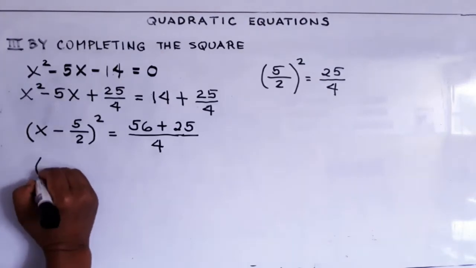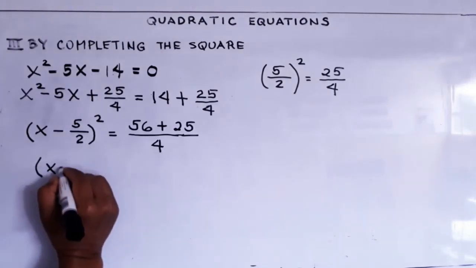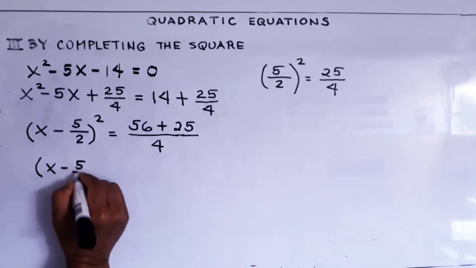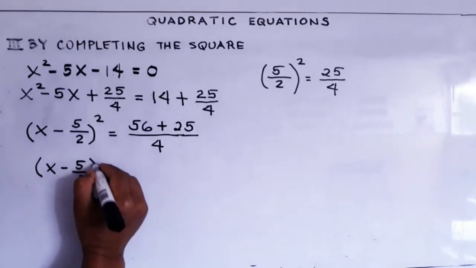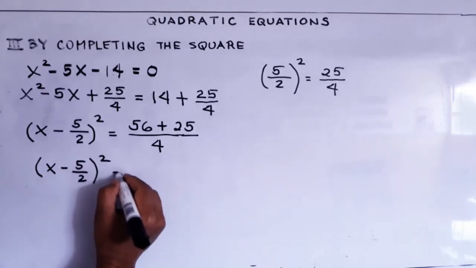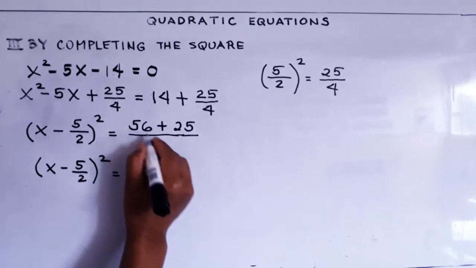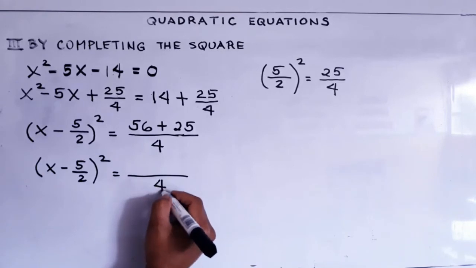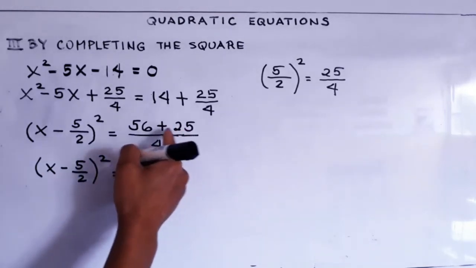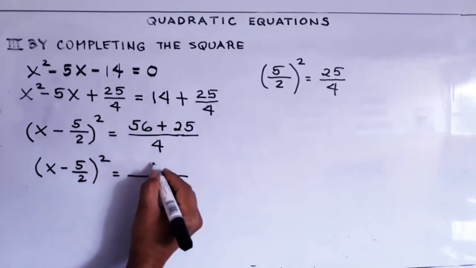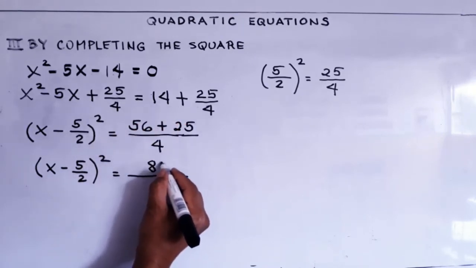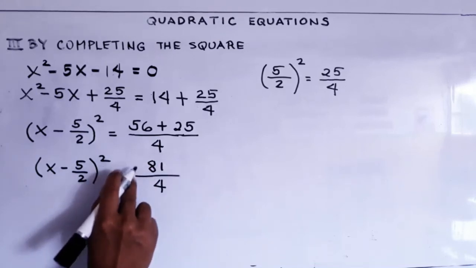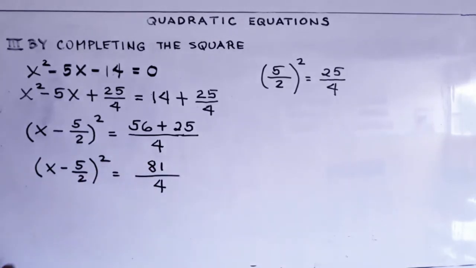So we have here x minus 5 over 2 squared is equal to, we add now the numerators because we have the same denominator, which is 4. So 56 plus 25, it's 81.